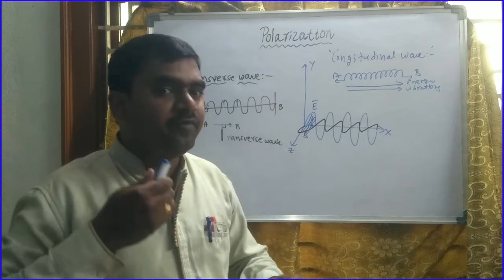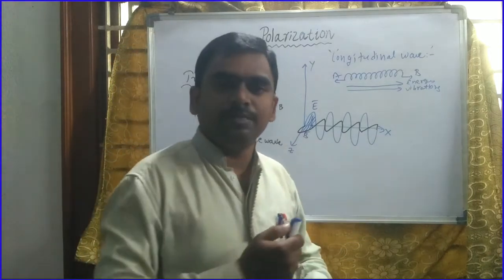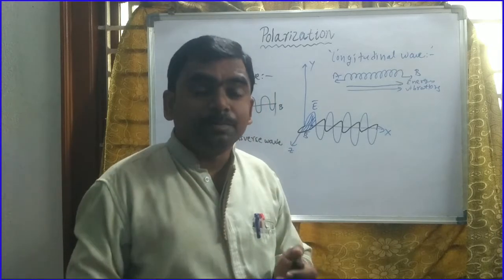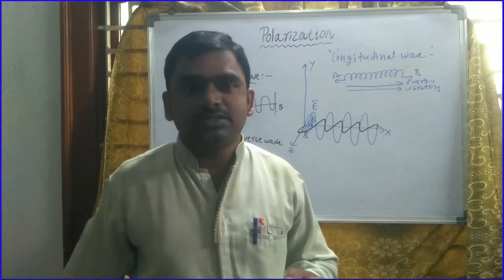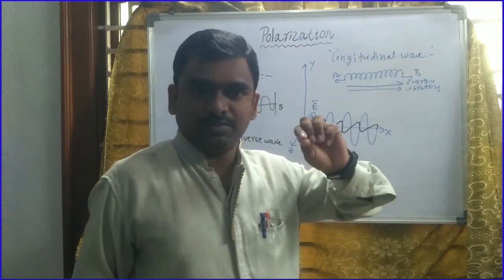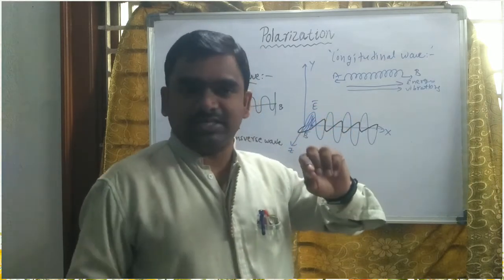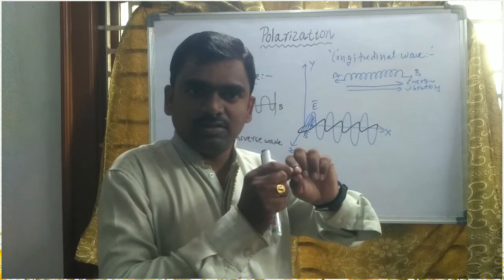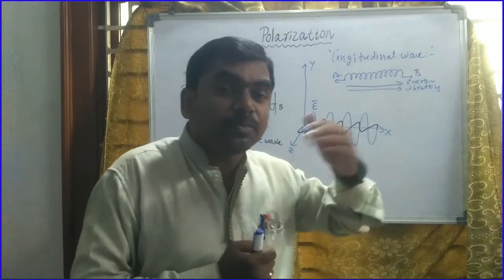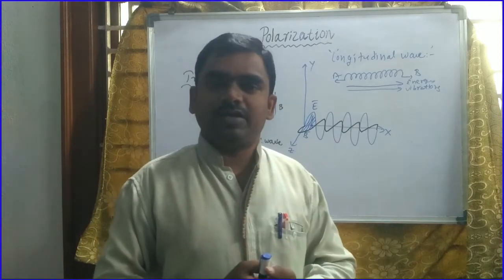When it is traveling in a medium, the particles or atoms are oscillating with some amplitude. Because of these oscillations, the particles are vibrating there, and these are producing the wave trains.